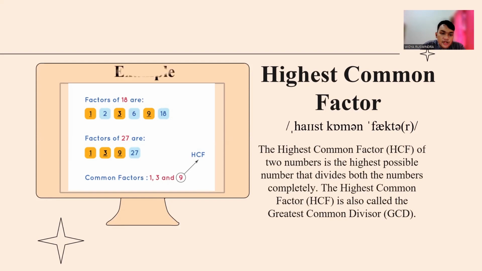For example, factors of 18 are 1, 2, 3, 6, 9, and 18. And factors of 27 are 1, 3, 9, and 27. The common factors are 1, 3, and 9, and the highest common factor is 9. So the HCF is 9.